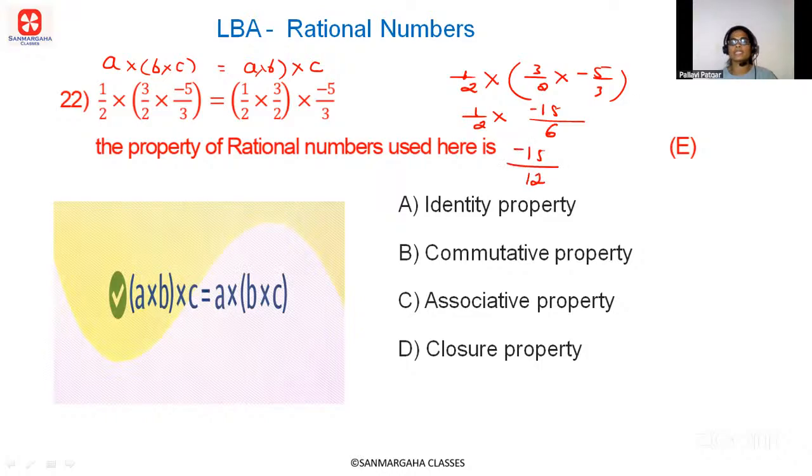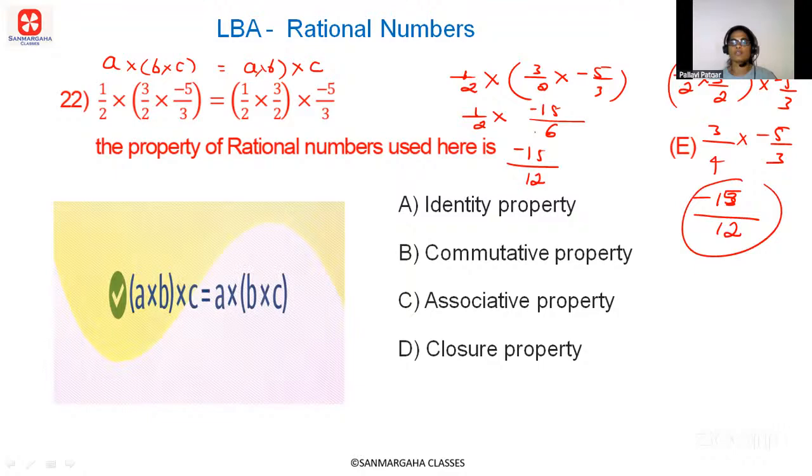Right hand side, 1 by 2 into 3 by 2 into minus 5 by 3. First simplify the bracket: 3 1s are 3, 2 2s are 4, into minus 5 by 3. So 5 3s are 15, minus, divided by 4 3s are 12. So minus 15 by 12, minus 15 by 12. So both are equal.